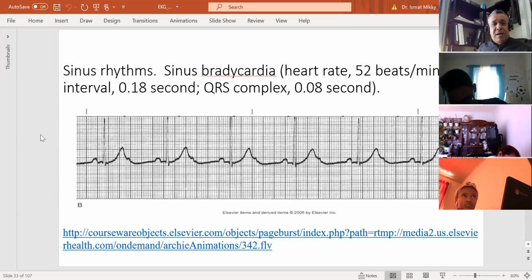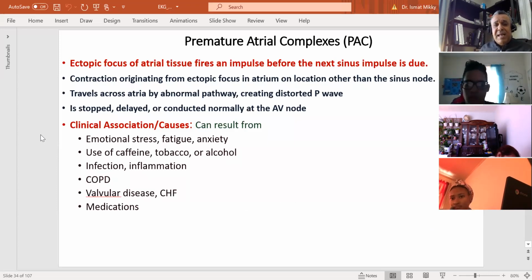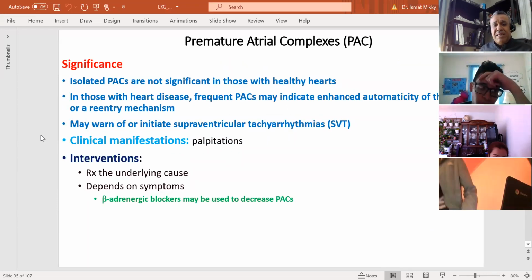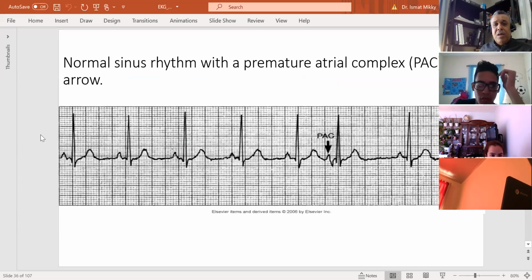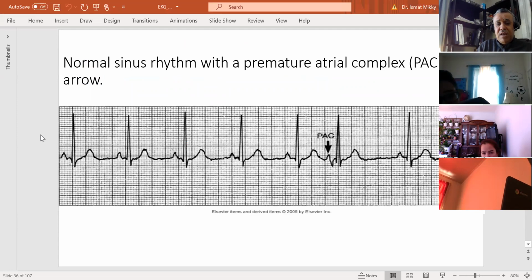But so, sinus brady, sinus tachy, let's just do one more, which is PAC, premature atrial contraction, and how it's different from the premature ventricular contraction. The premature atrial contraction means that the atria were innervated prematurely.